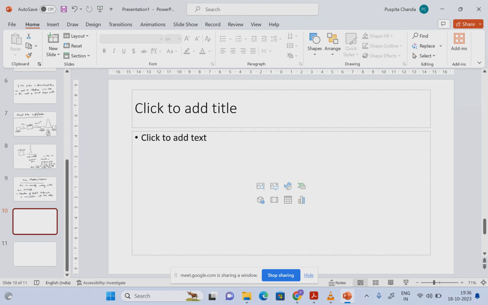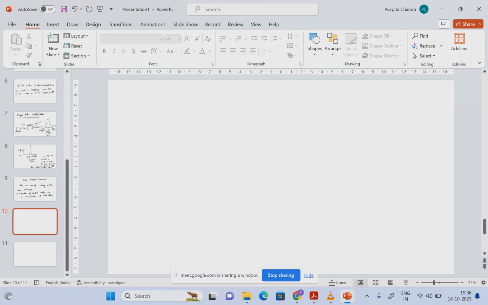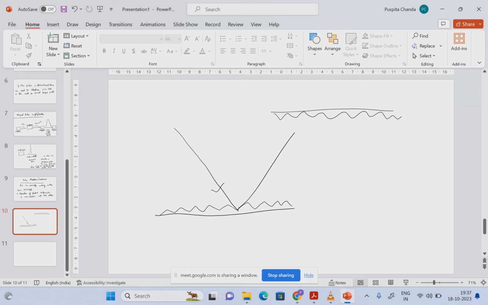So basically, if it is a grating, light falls in this way, and there is a red light and blue light.